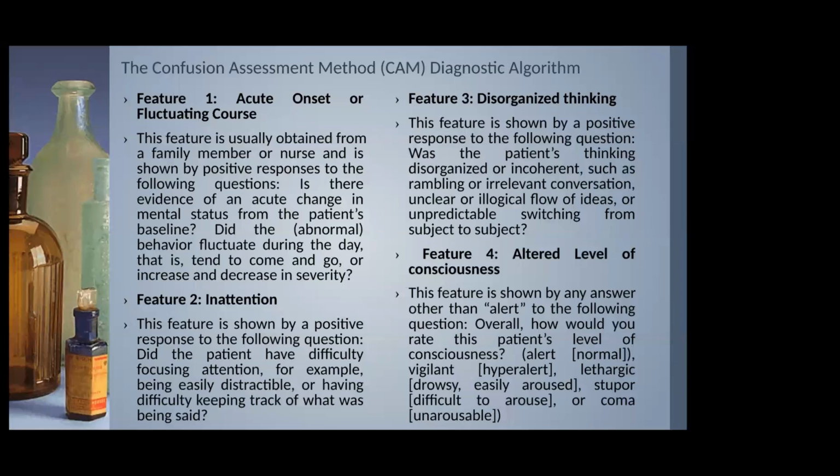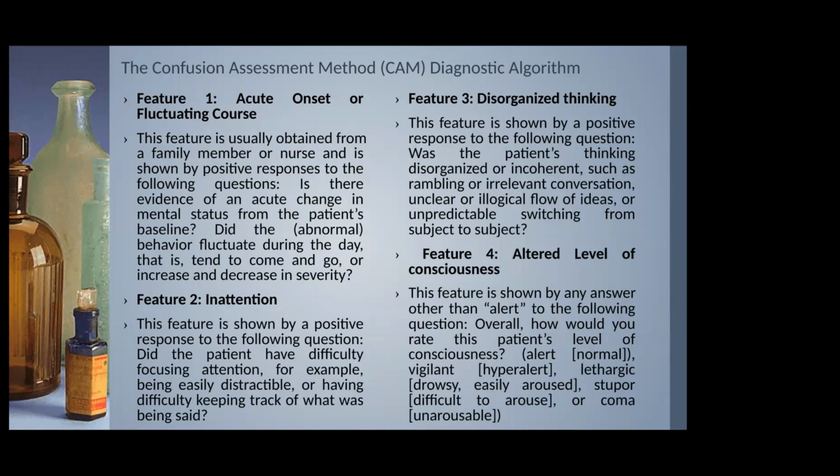That is feature one, and the answer can be yes or no. The second feature is inattention. You can ask: did the patient have difficulty focusing attention, for example being easily distractible or having difficulty keeping track of what was being said?